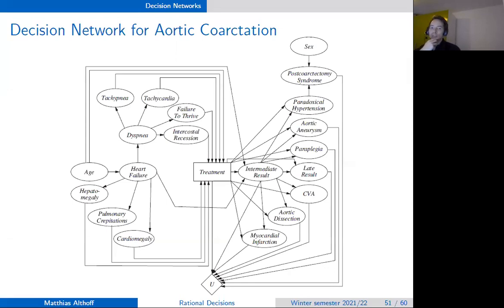Yes, we could try all possible combinations. Maybe I would say that's equivalent to drawing the decision tree. So that is already a good idea. Another idea would be, if you're not interested in the exact solution, to simply perform Monte Carlo simulations. So we just randomly create values of the random variables, and then create a utility for the sample for when we decide for or against the treatment.